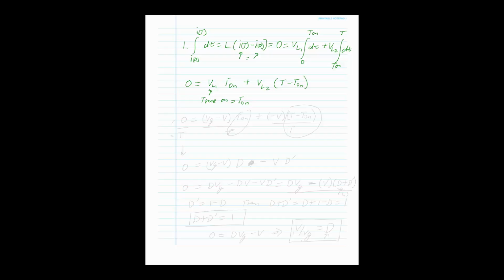Hence the name volt-second balance. So we just plug in what this is from the beginning chart. VL1 was just Vg minus V times T on, plus VL2 was minus V times T minus T on.